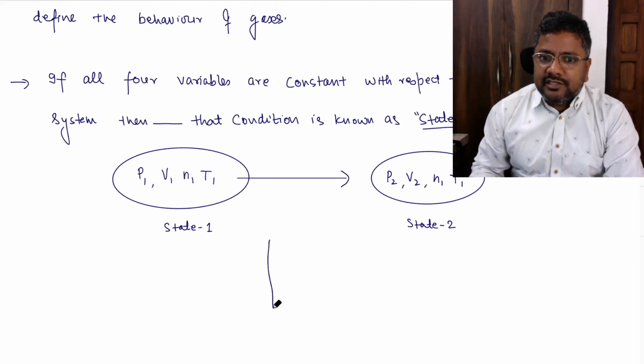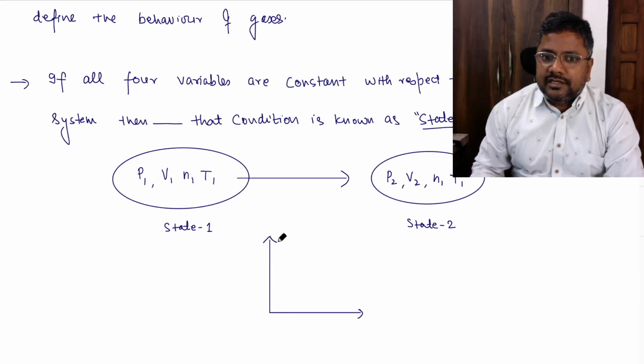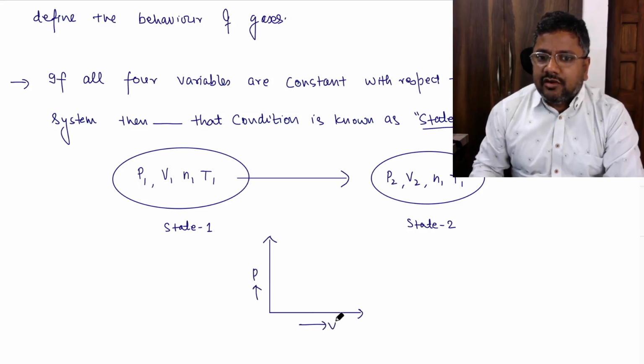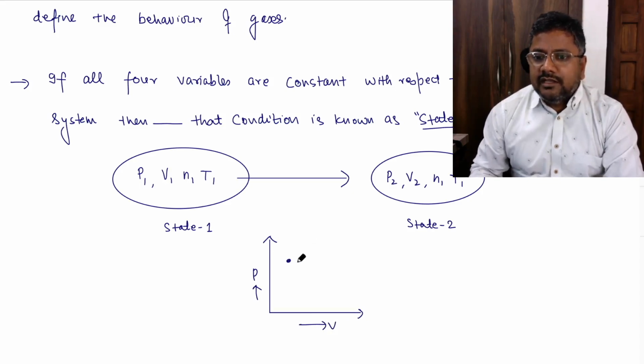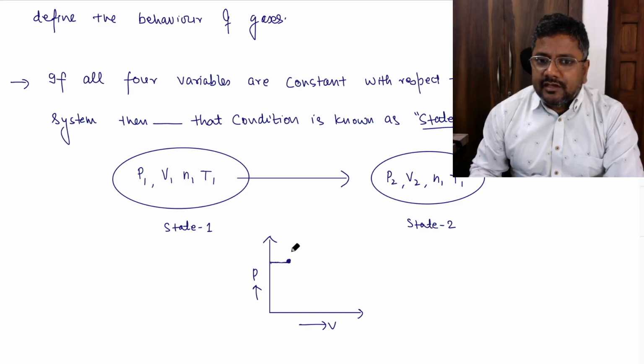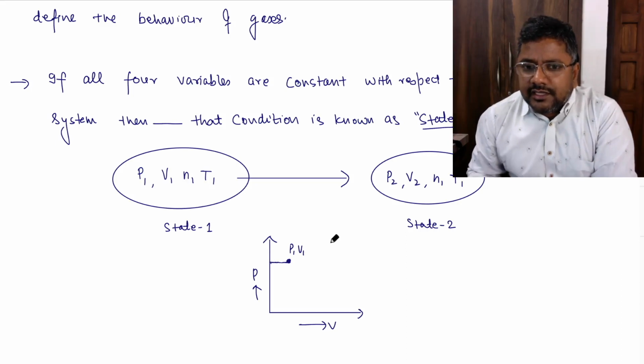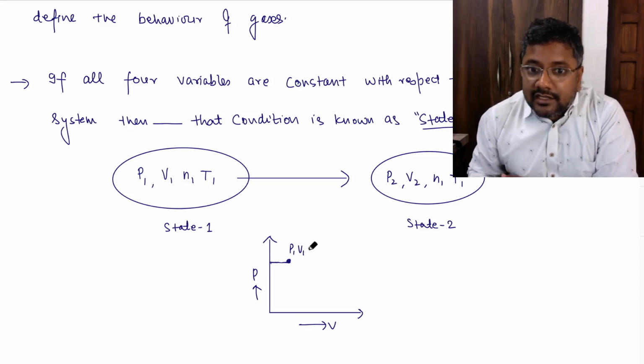Sometimes we can express this in a simple 2D graph. Suppose this is pressure, and here volume, and suppose I have taken one point. If someone asks how many variables are there at this point, suppose this is P1, V1. Is it possible that N and T are not there? It is impossible. N and T are also there.